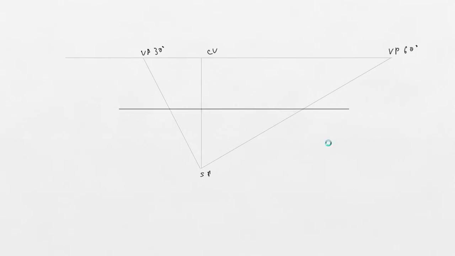Now let's assume that this is our height, and let's draw a perfect cube. This is height of the cube, and we know that height of the cube and width of the cube are equal, so let's do this.